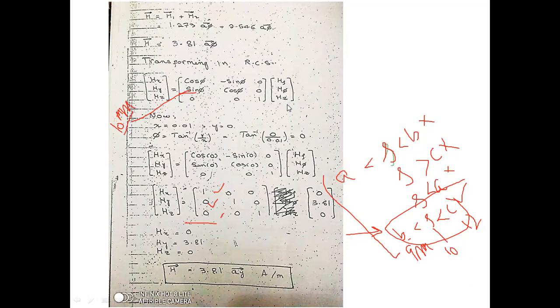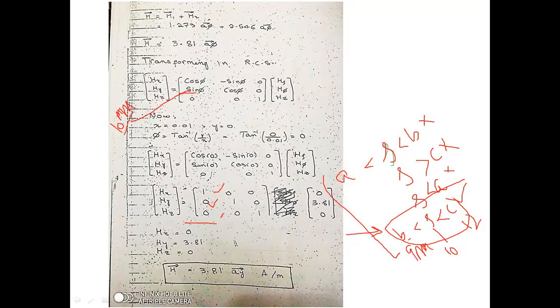Now we are in need of phi. So phi is equal to tangent inverse y by x; as y is equal to 0 and x is equal to 0.01, we will get 0. So for hx, hy, hz, the H phi component is 3.81.